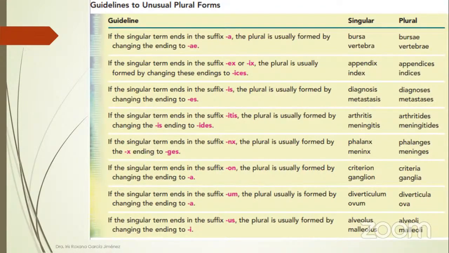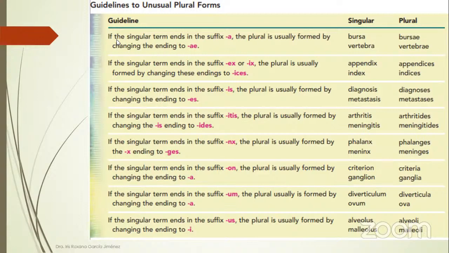We always think in the same way as in Spanish, that we add an S, and that's the way the plural form is done. But of course, it's not the same situation. For example, we have these rules that are showing us the ending of the medical term in singular and how to exchange this medical term into plural without making a mistake, of course.